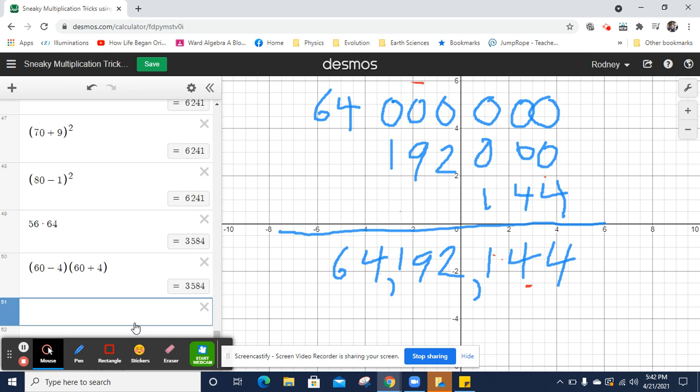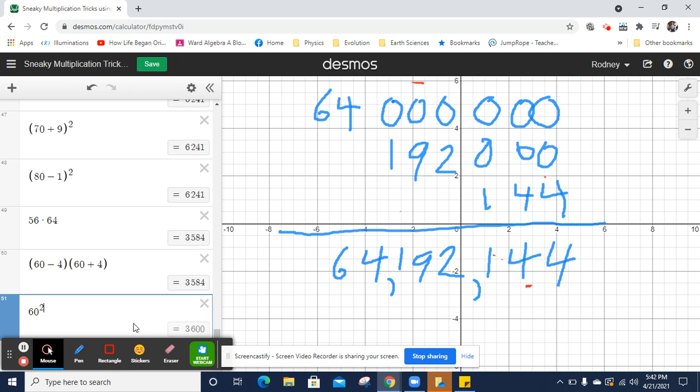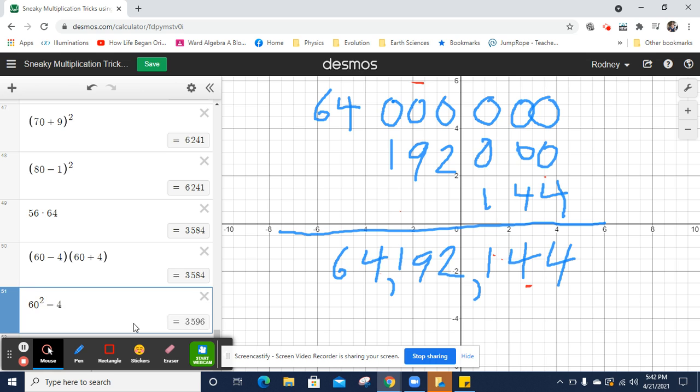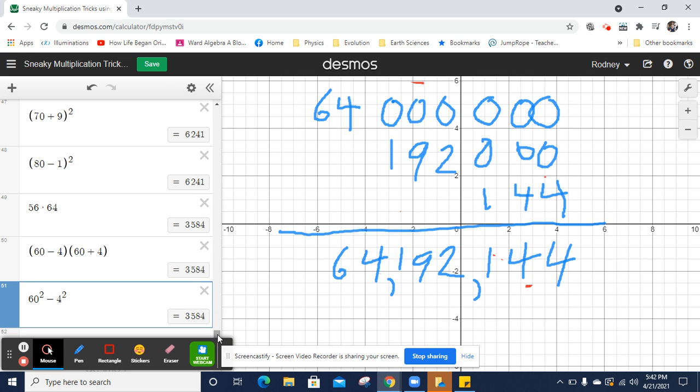And that'll all end up just being the difference of squares structure. So 60 squared minus 4 squared. So just to recap, we're just applying those structures of the perfect square and the difference of squares to solve complex or more challenging math problems in a way that's not the traditional algorithm. I hope that was helpful.